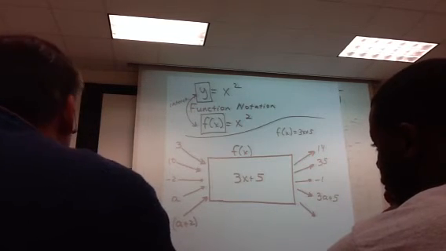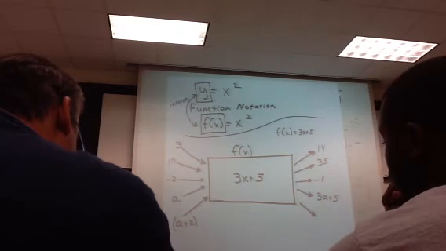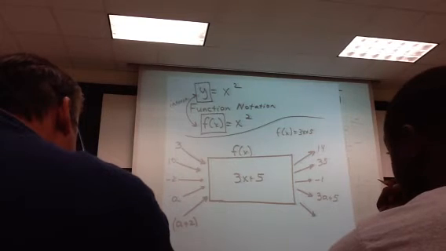I'm guessing you either got 3a plus 7 or you got 3a plus 11. Did everybody get either one of those?